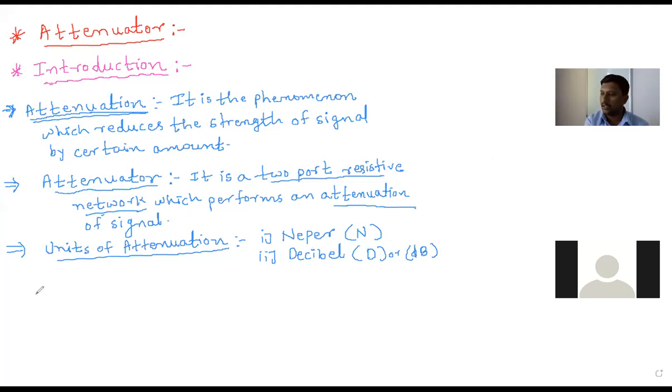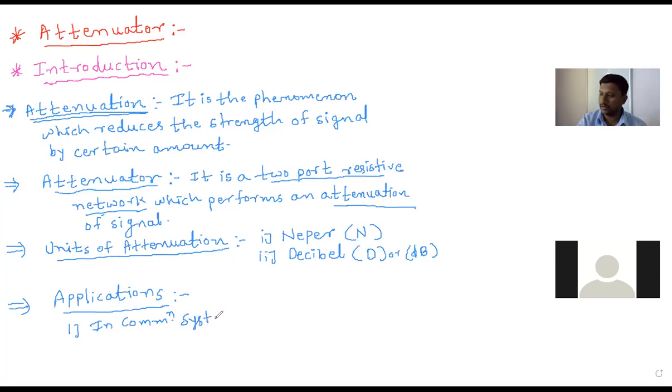Now next one, types of attenuator. Before that we can discuss applications, then we can move towards the types. Applications of attenuator. So what are the applications? First application is in communication system.